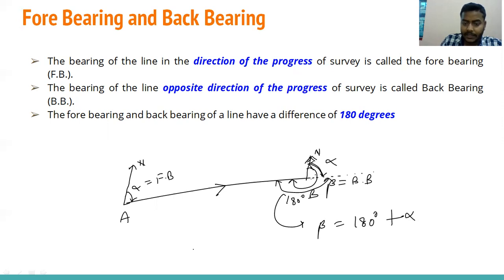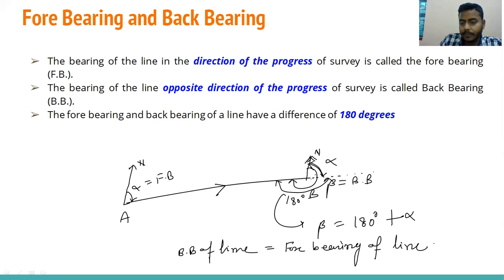Now we can write in general terms, beta is the back bearing. So back bearing of a line is equal to forebearing of that line plus 180 degree. Are you getting the point?